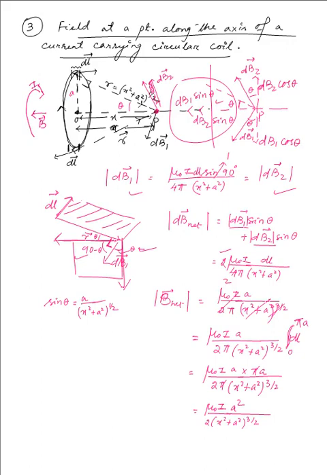Now move over to the other side. If you consider the magnetic field on this other side of the coil, the current would have been counterclockwise, and similarly the magnetic field would have been out of the plane, because the magnetic field continues along this direction towards the other side.